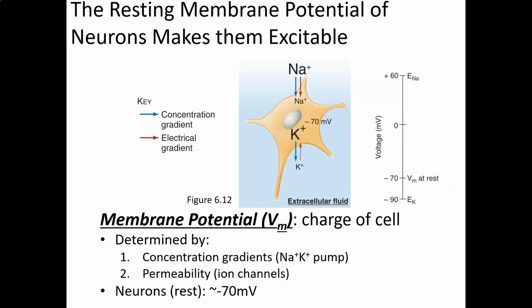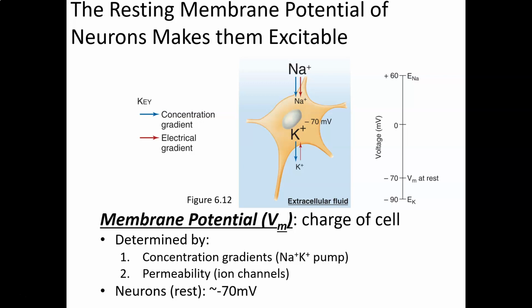And so if we just considered sodium-potassium and its effect on membrane voltage, the higher percentage of sodium channels that are open relative to potassium, the higher the membrane potential will be, the closer it will be to positive 60. If there's a higher percentage of potassium channels open compared to sodium, then it'll be closer to minus 90.